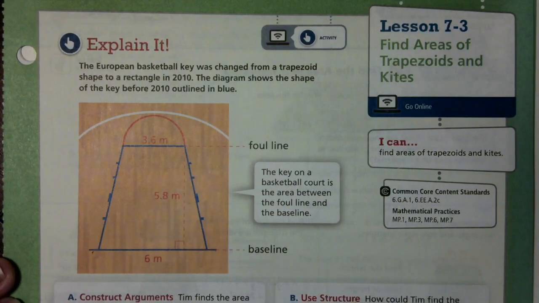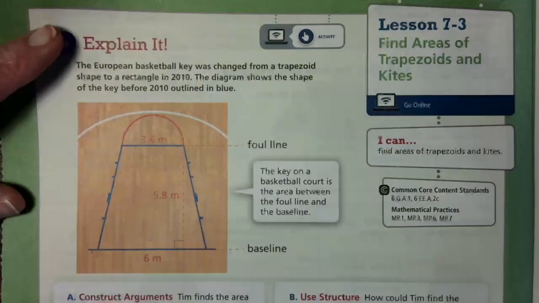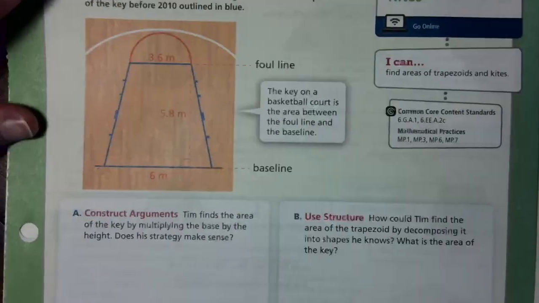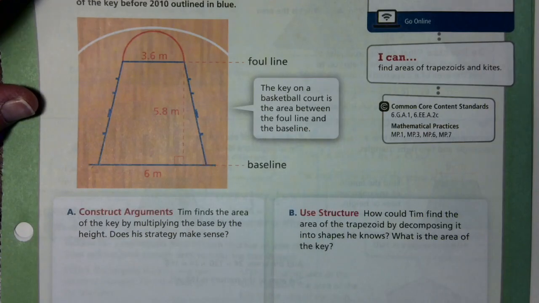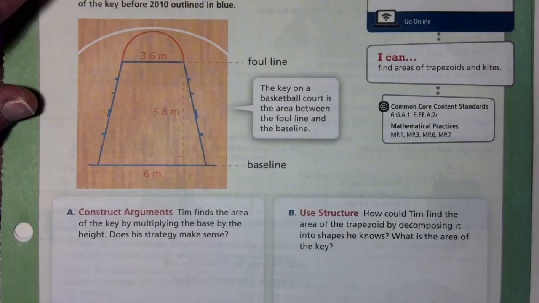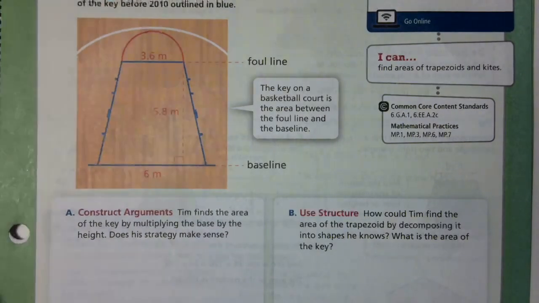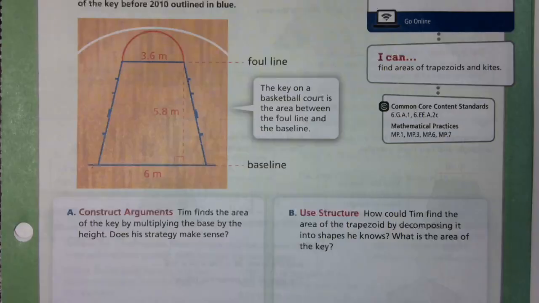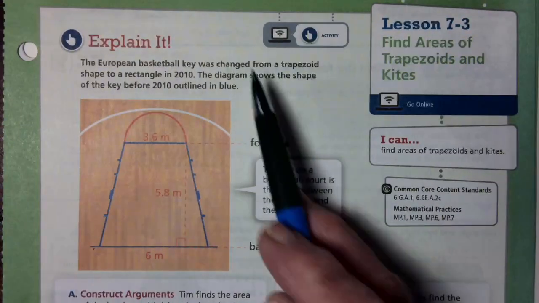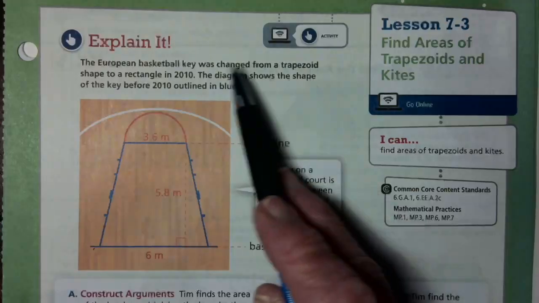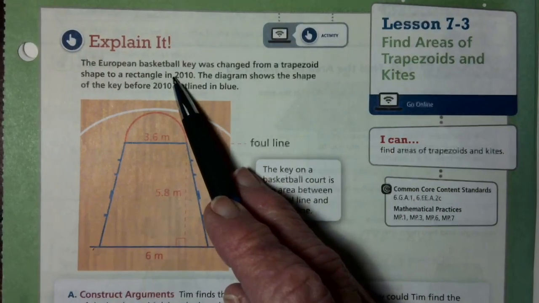Okay, let's go down here and see what it wants us to find. Tim finds the area of the key by multiplying the base by the height. Does his strategy make sense? Okay, let's go back and read. The European basketball key was changed from a trapezoid to a rectangle.